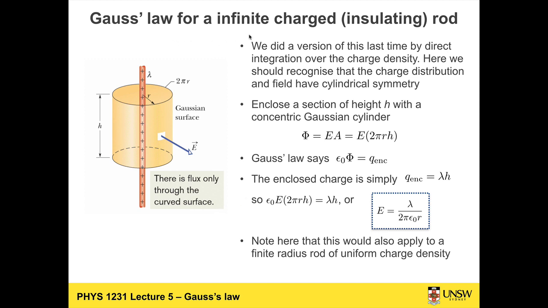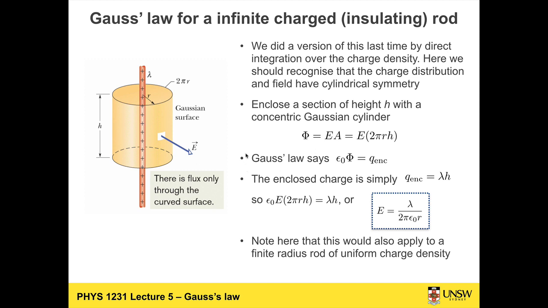The advantage of Gauss's law, if you remember from Physics 1B, is that we could also use this to find the field for a finite radius rod, and we can also find the field inside the rod by calculating the enclosed charge, which is not all the charge on the full rod.